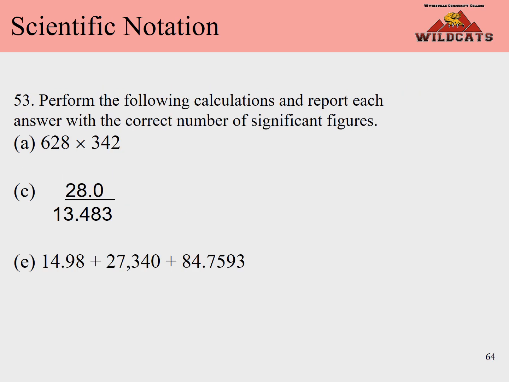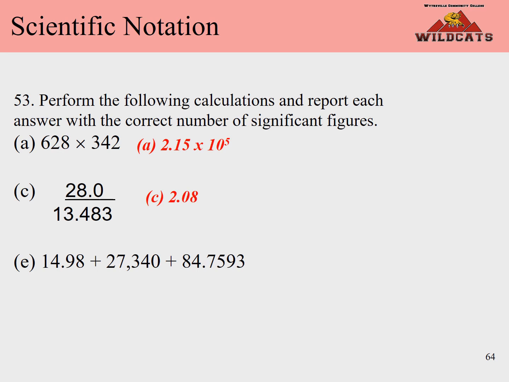Number 53, it says perform the following calculations and report each answer with the correct number of significant figures. So if I take 628 times 342, I should end up with 2.15 times 10 to the fifth. C, I should end up with 2.08, three significant figures.